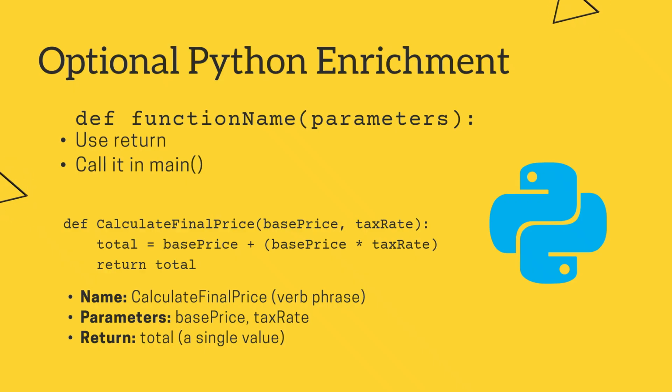So we're feeding in the parameters, doing some calculation here, storing it in this variable total, and then that's what we're returning when someone calls this function. And then of course, in our main, we're going to provide sample input, call the function, store the return value, and then print it to the user.